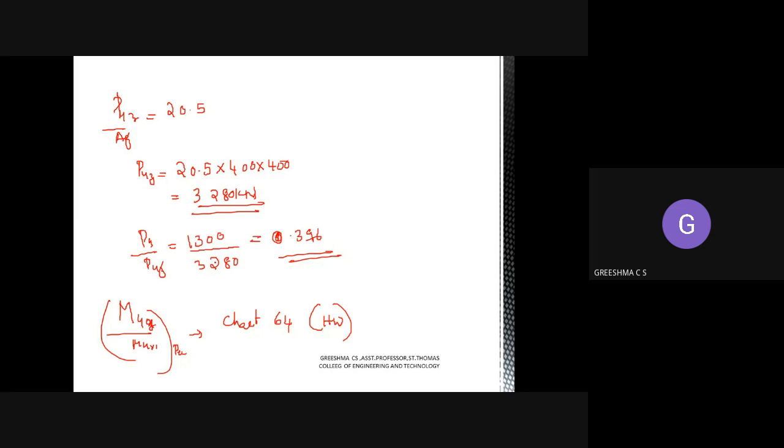Based on this PU by PUZ ratio and MU divided by MU1 value, you will get a permissible value of MUX divided by MUX1 from chart 64. You can take it as homework. Okay. Next, the most important step, that is the step for biaxial bending.